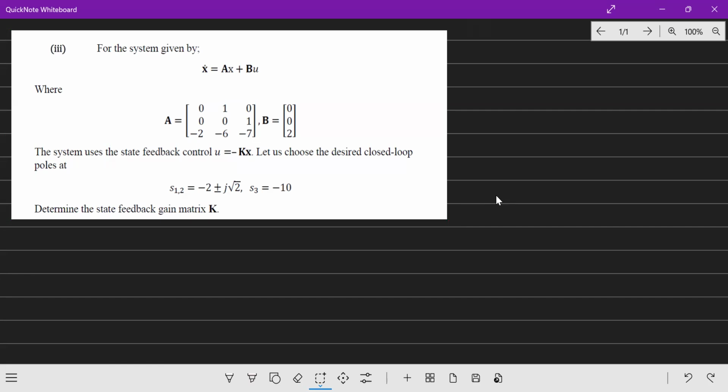Let us choose the desired closed loop poles at S1, S2, which is negative 2 plus or minus j root 2, and S3 equal to whatever that is. Determine the state feedback gain matrix K that we need to choose to place those poles at that location. So this is just a problem on pole placement.